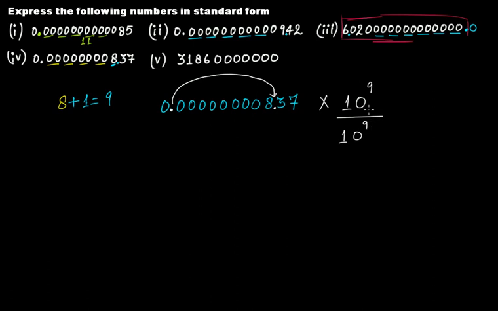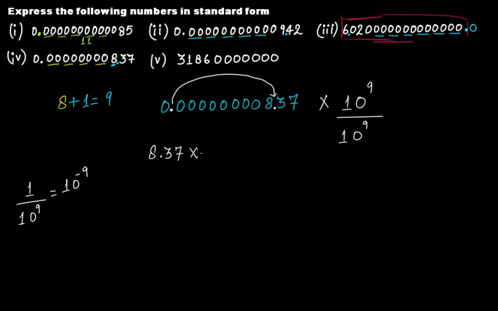So while this 10 raised to the power of 9 helps this decimal point to come from here to here, your number becomes 8.37, but you have 10 raised to the power of 9 in the denominator, and you know that 1 divided by 10 raised to the power of 9 is actually what? 10 raised to the power of minus 9, right?